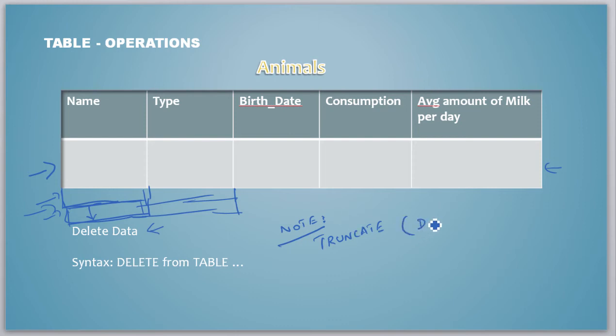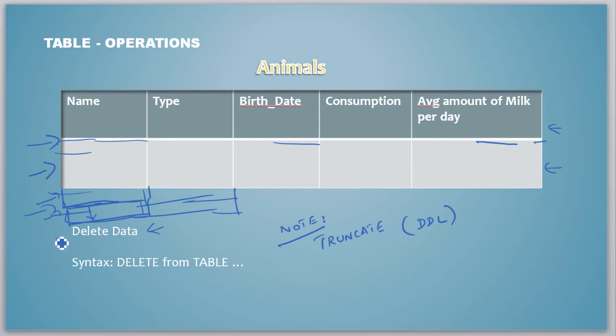Like I said, there are other DDLs which I haven't covered. What truncate will do is not only delete the data, but also remove everything allocated beyond this point. It will cut everything and bring it back to its original size, without any rows. That's just an additional note.